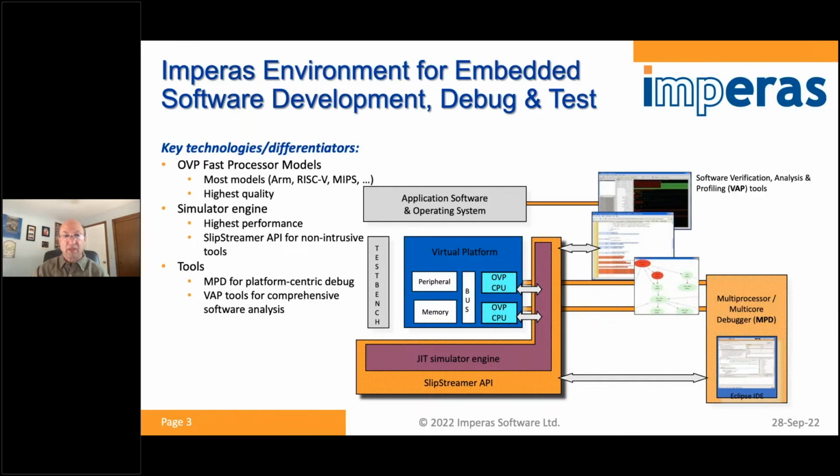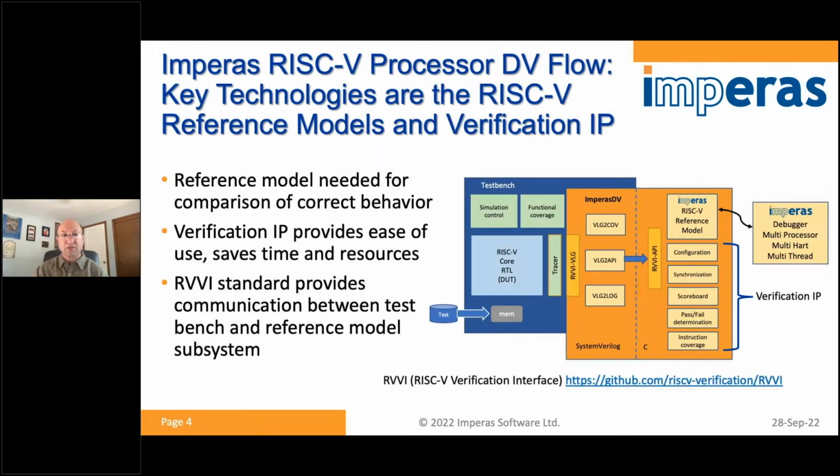What about the DV side of things? So here's our RISC-V processor DV flow. And there are three key pieces here. One is the RISC-V reference model. Imperas supports the whole range of the RISC-V specification. We have verification IP that goes with this that enables communication with the device under test and also synchronization and comparisons.